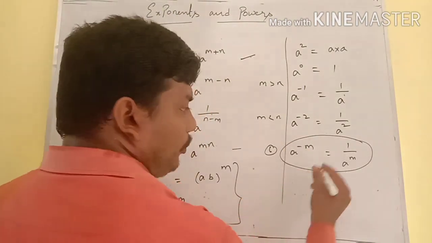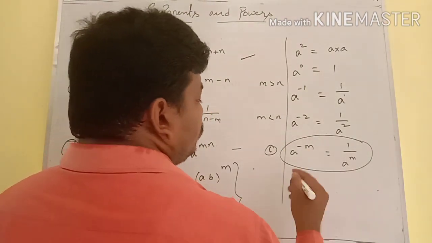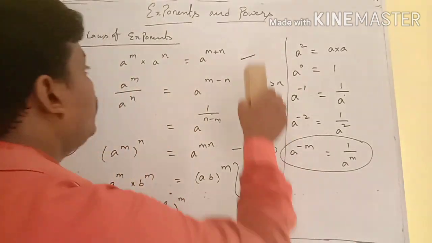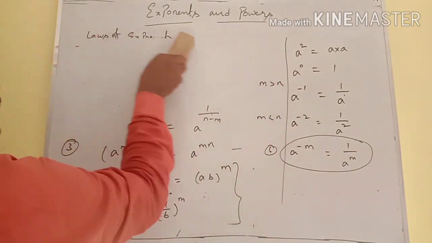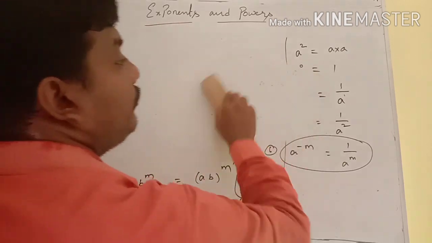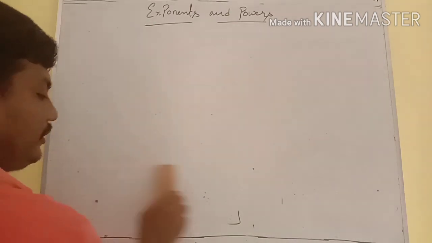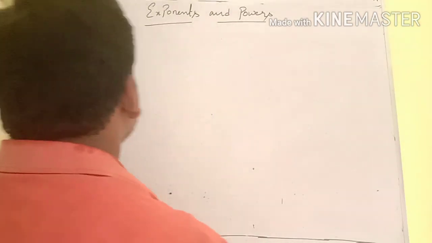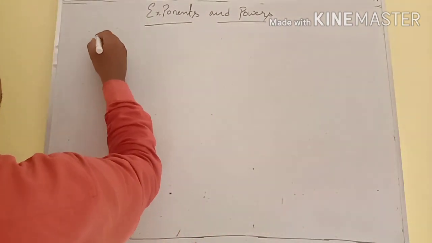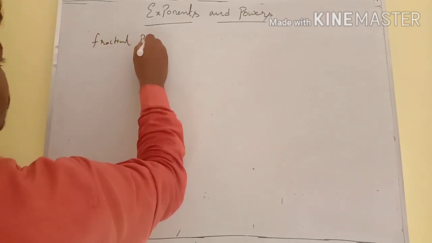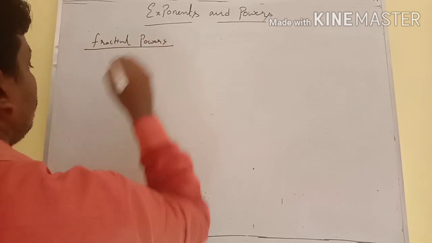I hope you understand now. If you have fractional powers, what happens? Fractional powers become roots. Actually, this is not there, but we have to observe what fractional powers do.